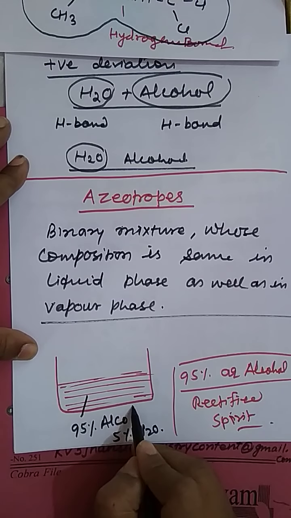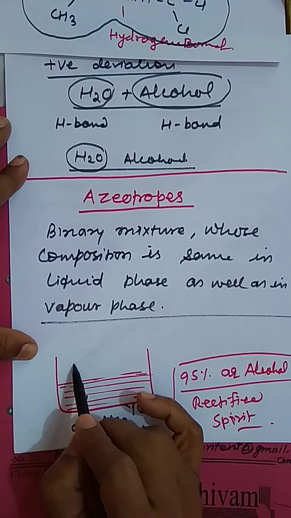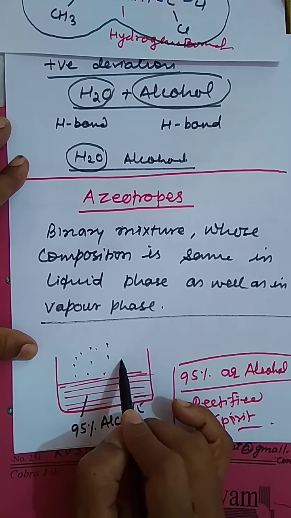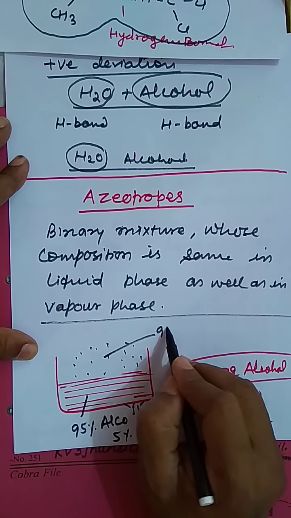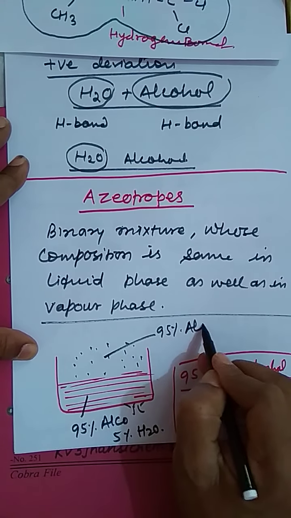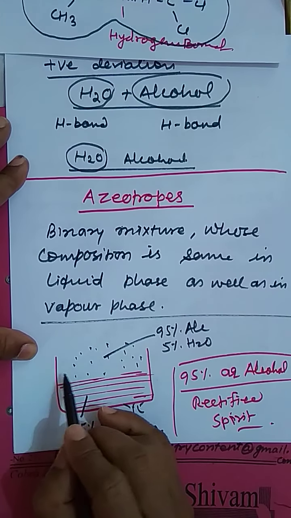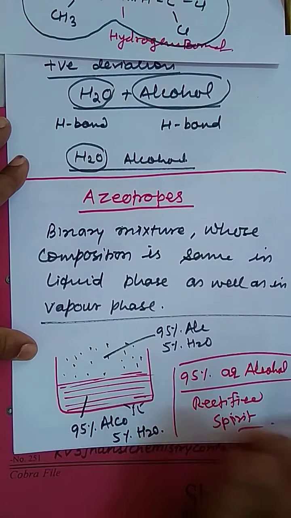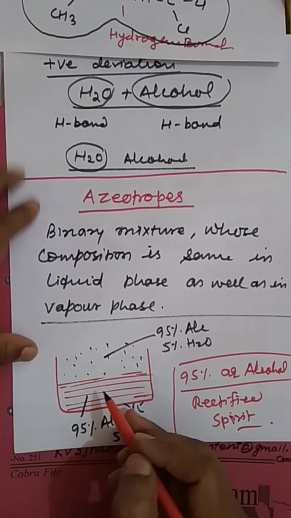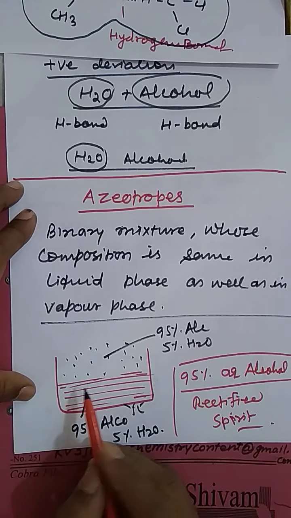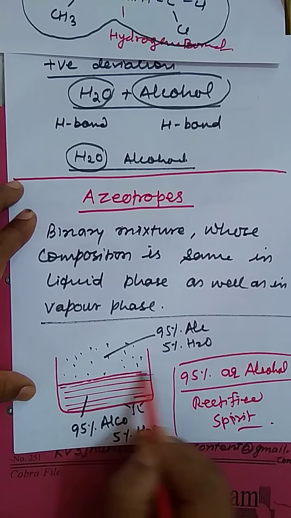If you supply heat, then definitely it becomes vapor. So in vapor phase, the composition is the same, 95% alcohol and 5% H2O. So such a type of mixture is called an azeotrope. And one more thing is notable, it cannot be separated by fractional distillation because the boiling point is the same.